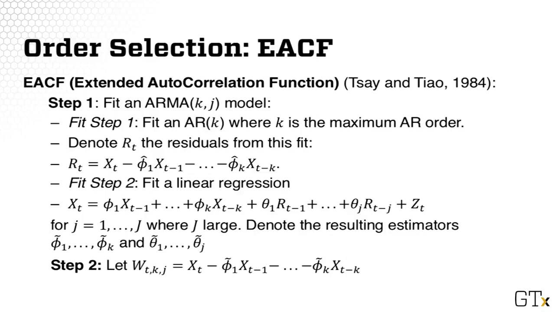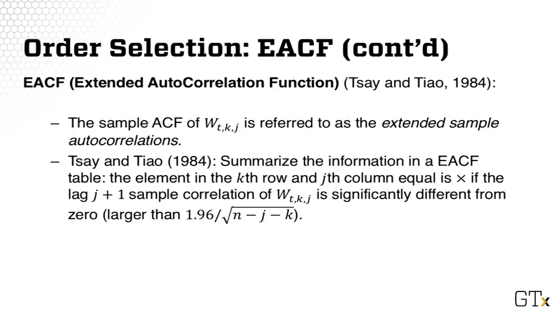In the second step of the EACF, we improve upon the estimation of the coefficients by obtaining the residuals by extracting from x_t the AR part, but with the estimated coefficients from the previous step. The sample ACF of these residuals is referred to as the extended sample ACF.